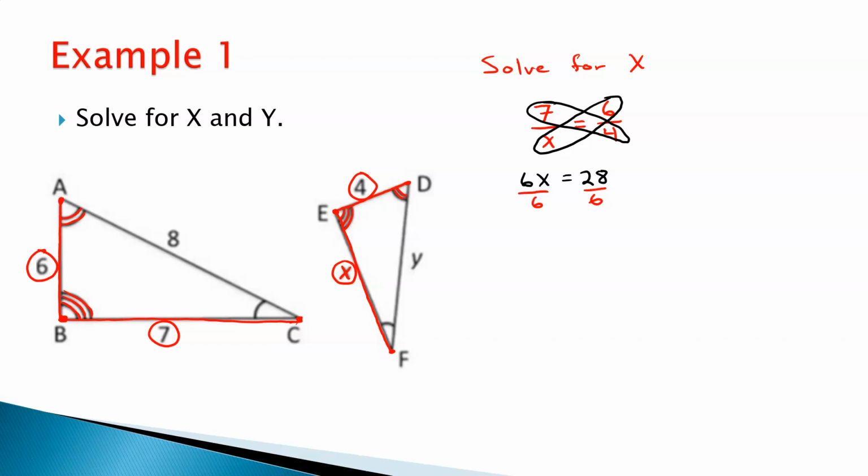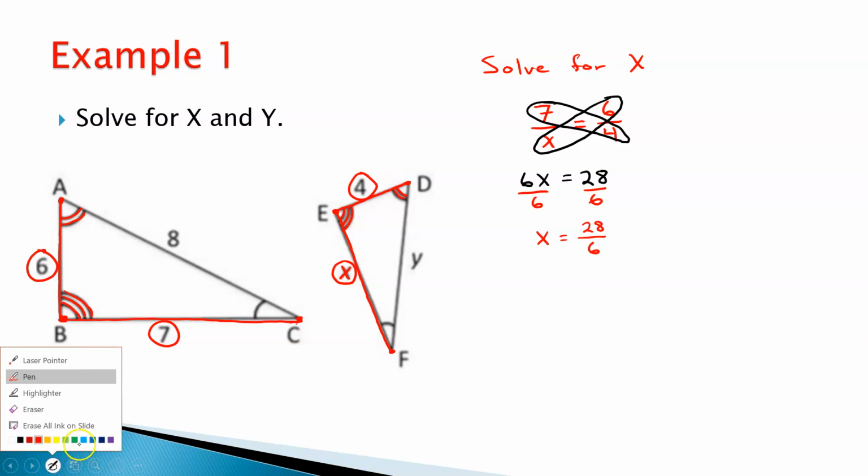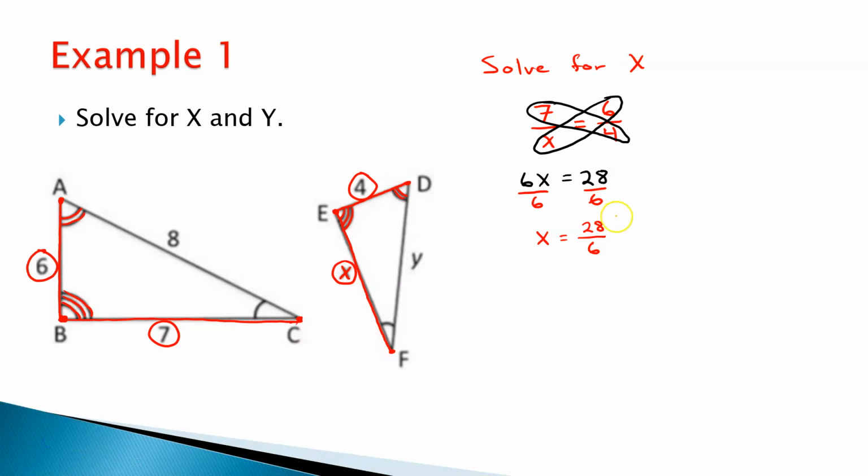28 divided by 6 is going to give us a fraction. So I'm going to go ahead and leave it as a fraction, 28 over 6. But I do want to simplify it, top and bottom, by what goes into 28 and 6. We can say 2.